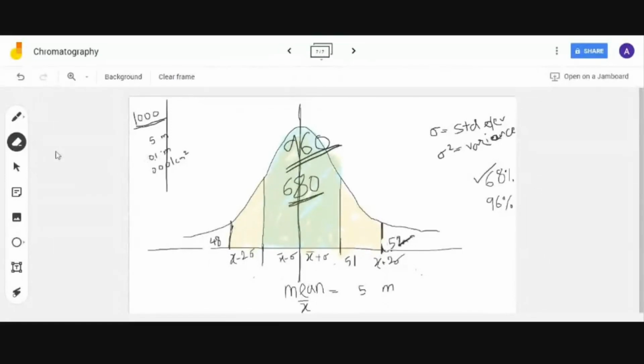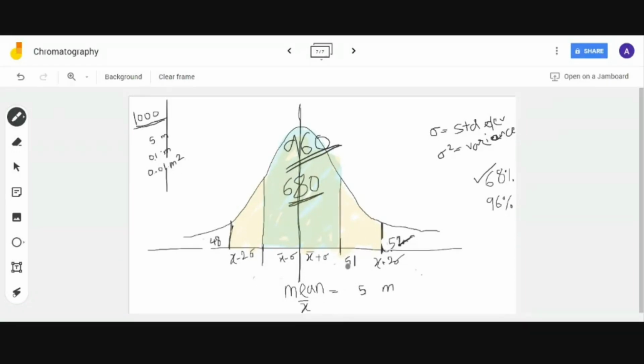If that is 0.1 minute, sigma square will be... any guesses? What will be sigma square? It will be 0.1 minute square.